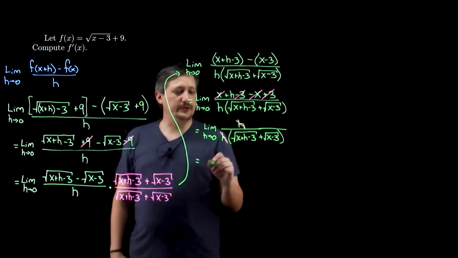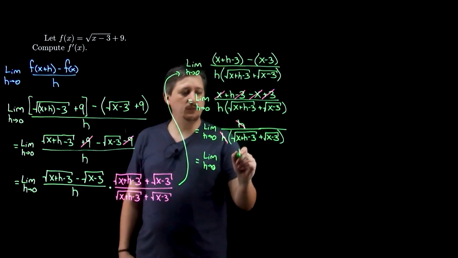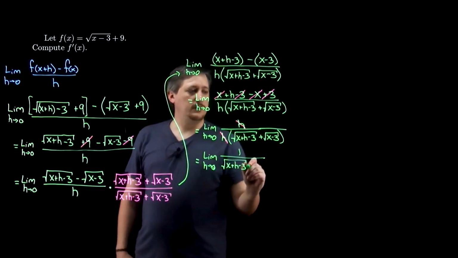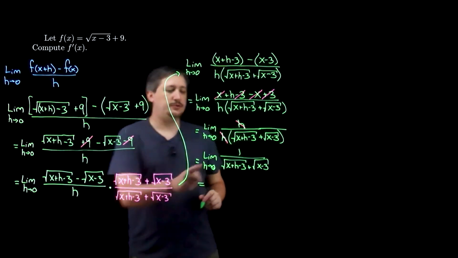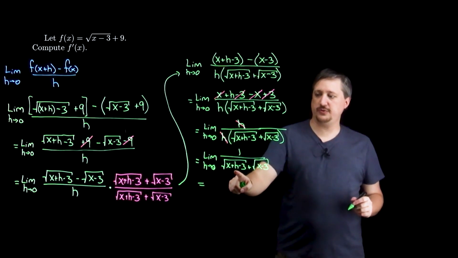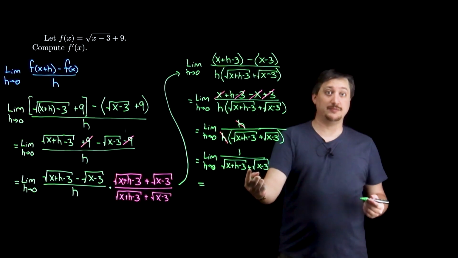So let's see what happens. So first, I'm just going to rewrite this as the sort of simplified form. So again, h still going to 0. I have 1 over square root of x plus h minus 3 plus square root of x minus 3. And now when I plug in h is 0, I'm going to get a 0 here, and there's no other h's, so I'm going to get x minus 3 and x minus 3, but they're added, not subtracted, so I'm not going to get 0.